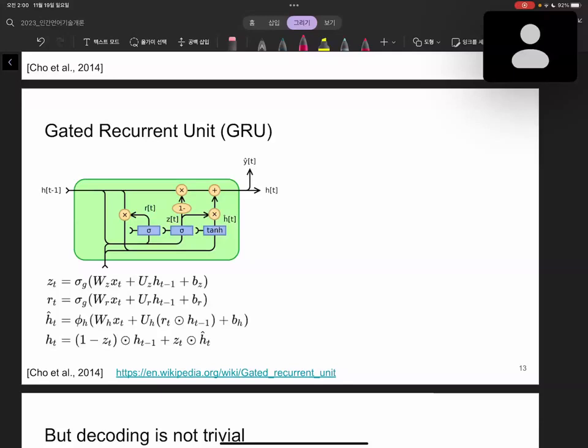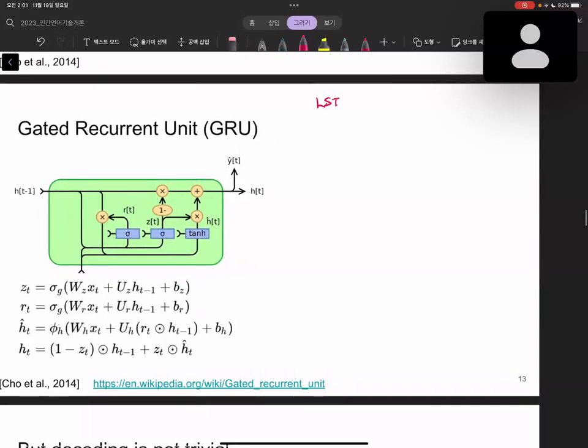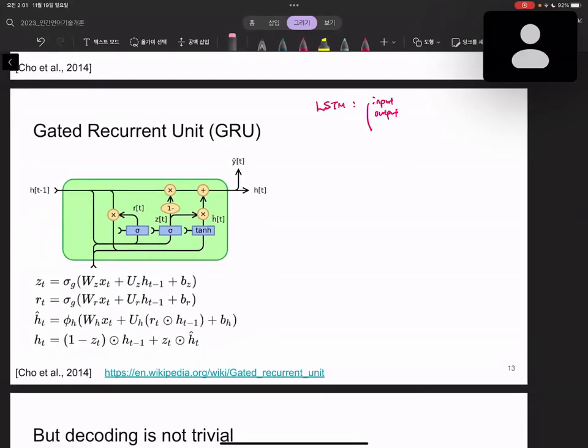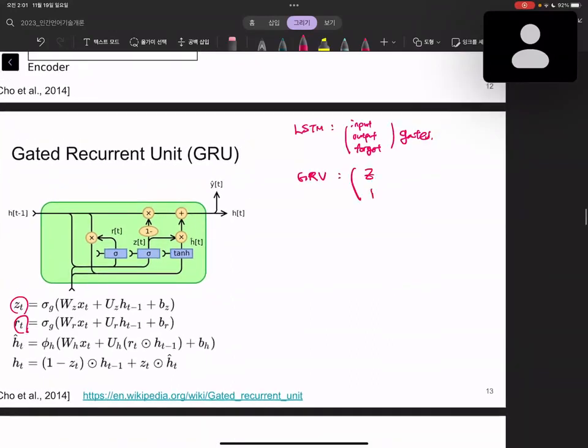Compared to the LSTM, there are only 2 gates. In the LSTM, there are 3 gates, right? Input gate, output gate, forget gate. But GRU, I don't know the full name of this, has the Z gate and R gate.